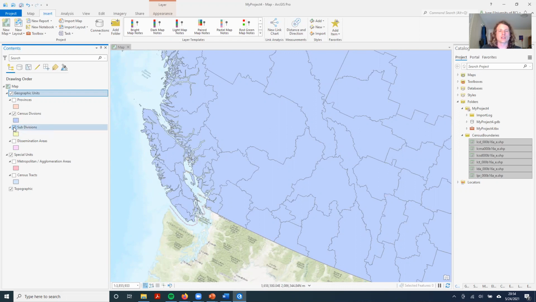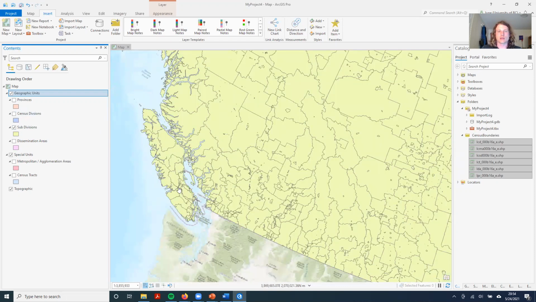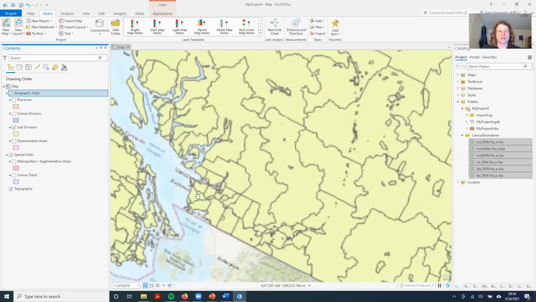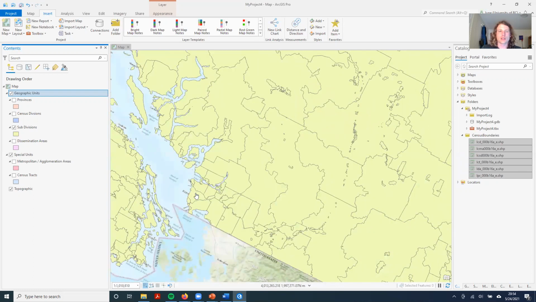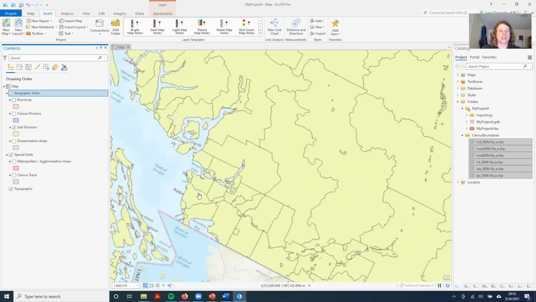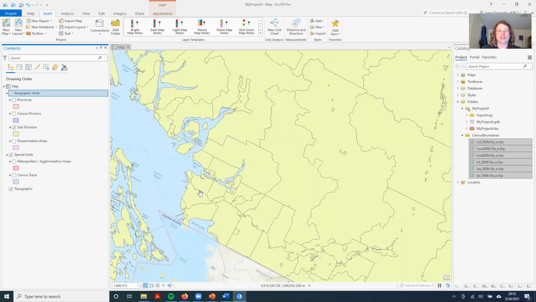Each census division is then subdivided into census subdivisions. And so you zoom in, you see within the context of Metro Vancouver, for instance, each municipality is its own census subdivision. So we have Vancouver, Burnaby, New Westminster, Surrey, Delta, Richmond, etc. And then below that is the census dissemination area.